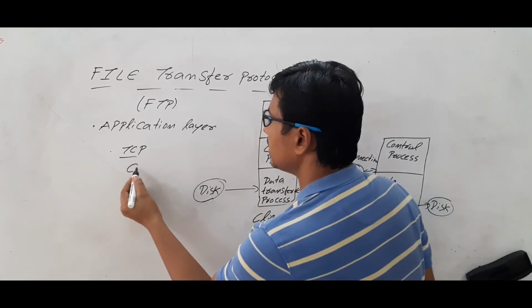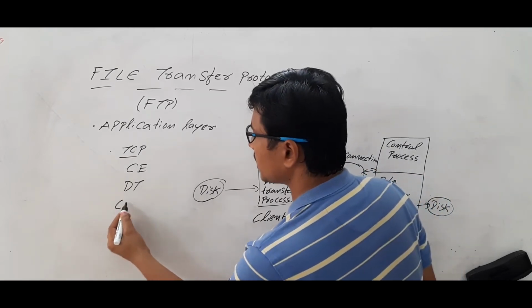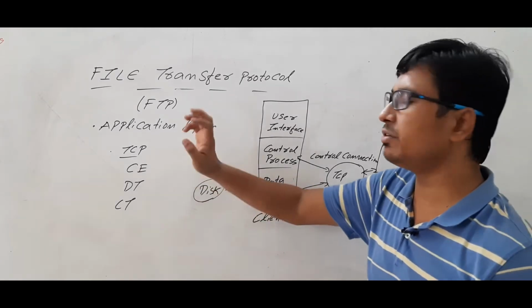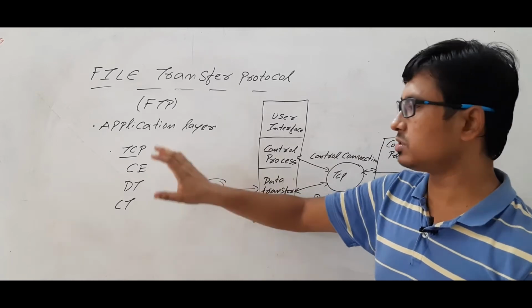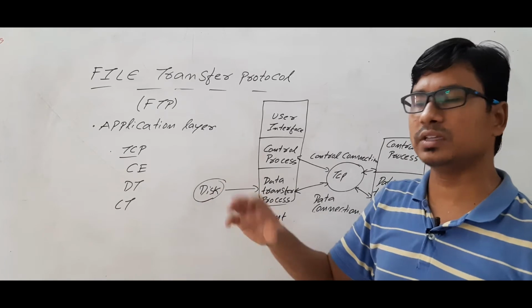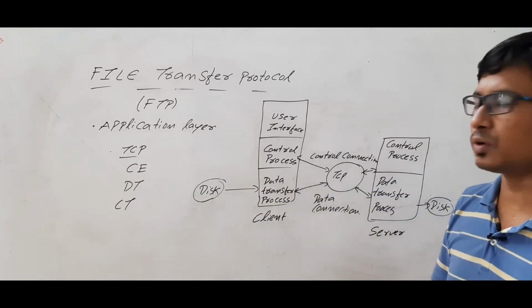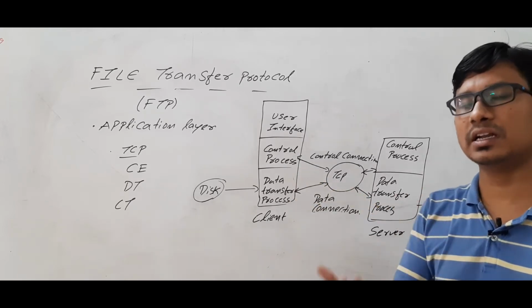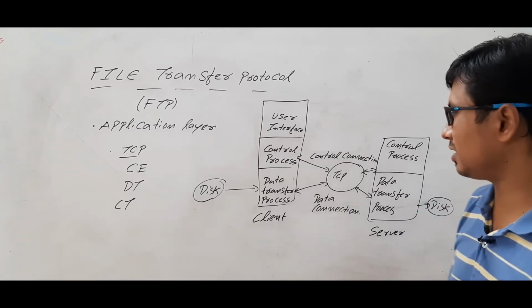Because it will establish a connection, then use it for data transfer, then the connection will be terminated between the two hosts. So that's why we call it reliable. If you don't want connection establishment, data transfer and then connection termination, then we go for UDP. But file transfer protocol needs connection establishment, data transfer and connection termination, so that's why it uses TCP at the transport layer.